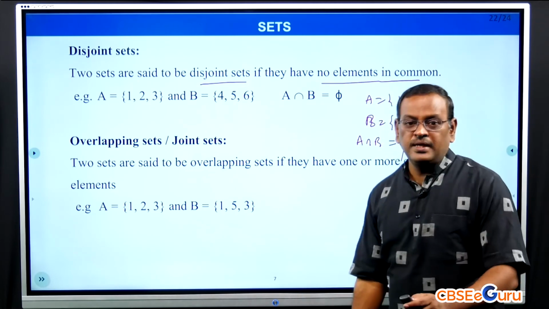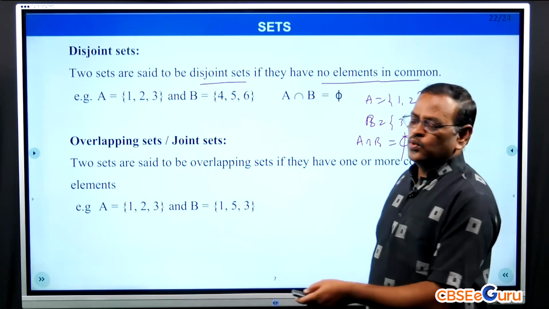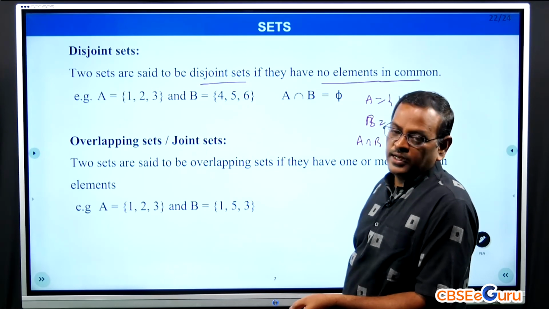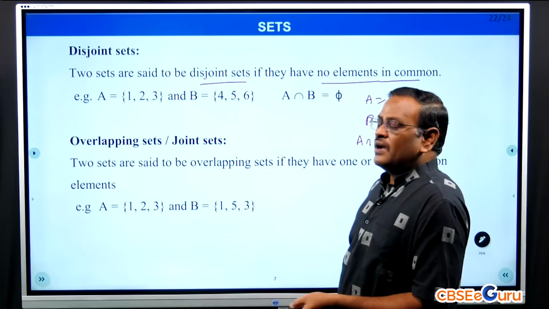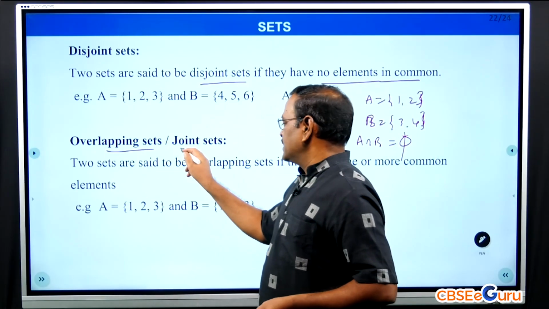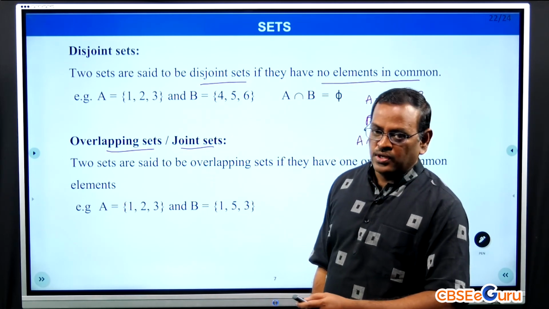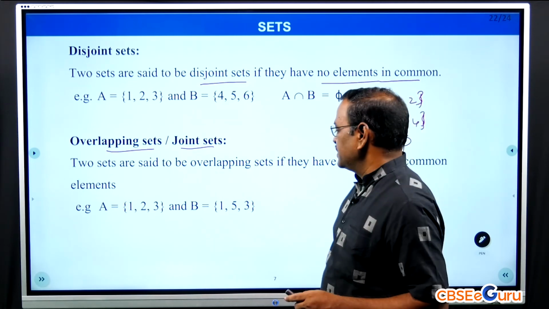A intersection B is a null set. So A and B are called disjoint sets. And what is the complement of disjoint sets? If they have at least one common element, then those two sets are called overlapping sets or joint sets. Two sets are said to be overlapping or joint if they have at least one element in common. That is the definition of overlapping or joint sets.